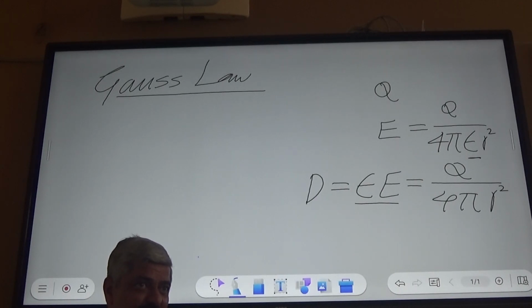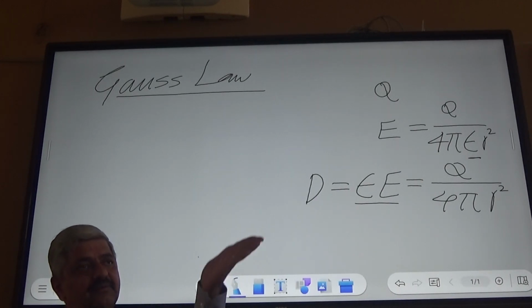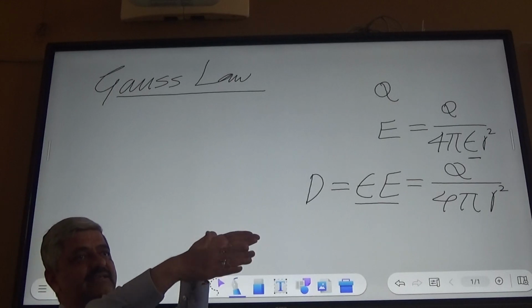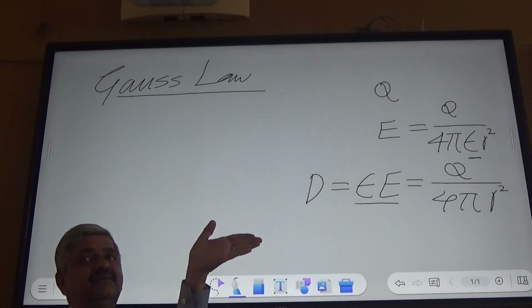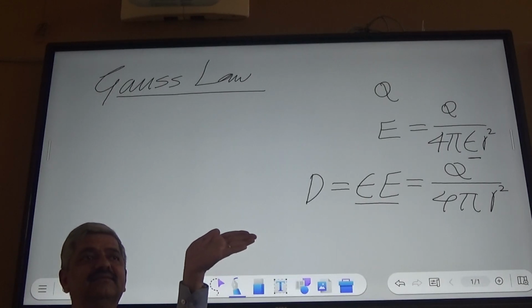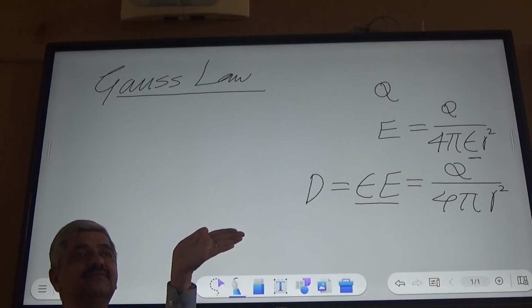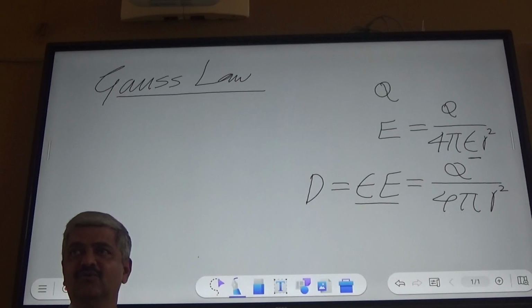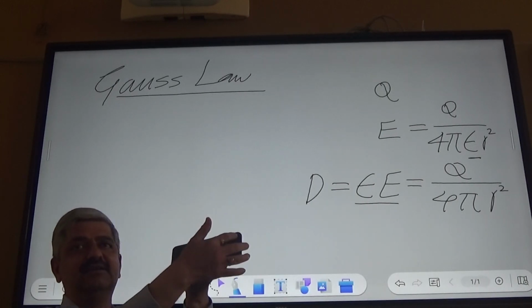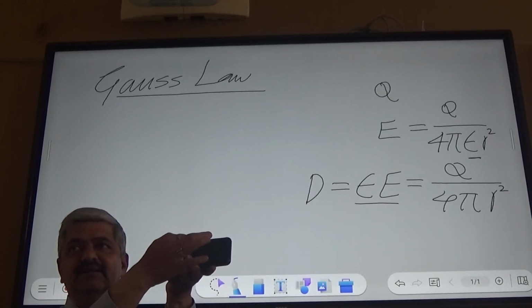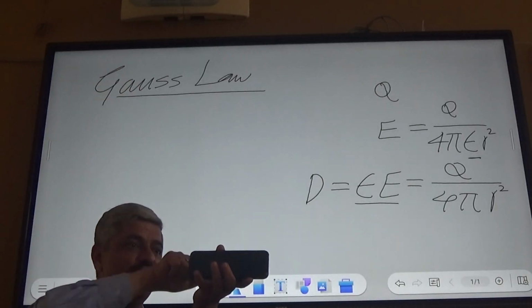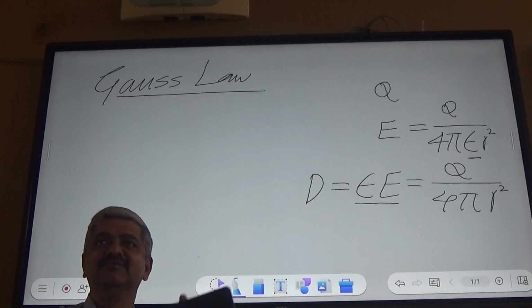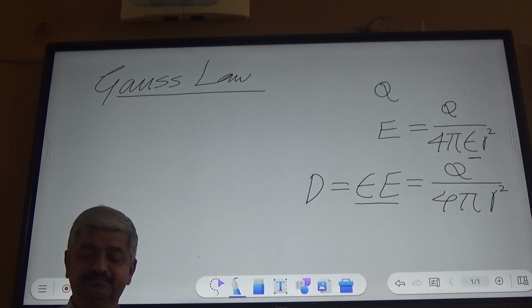But this surface, which direction should we say? This or this? Only this part, its normal is this. So is this the direction or this is the direction? Quickly.